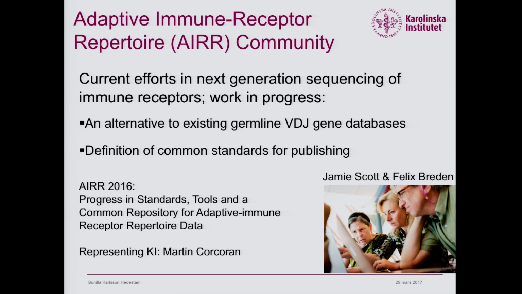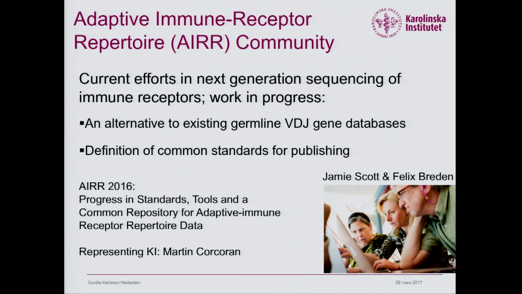This all ties in very well with efforts that are also ongoing in the field. And I'm referring to the adaptive immune receptor repertoire community that was established by Felix Breden and Jamie Scott. And this is a working group that is actually convening regularly. And really the goal is to review and revise the way we identify germline alleles with next generation sequencing.